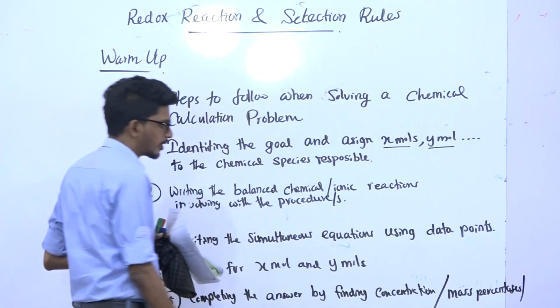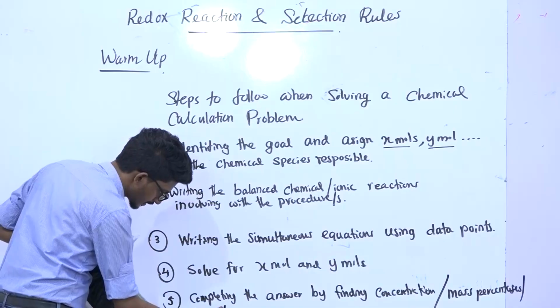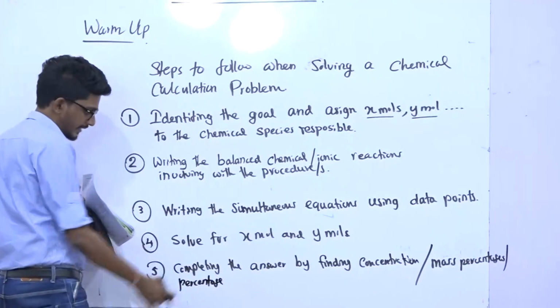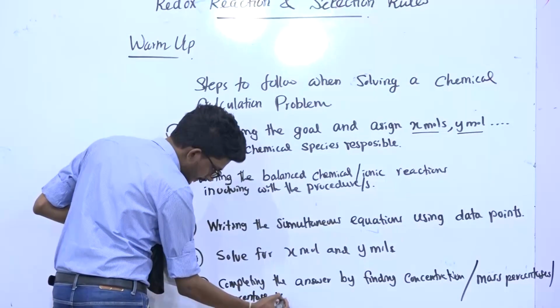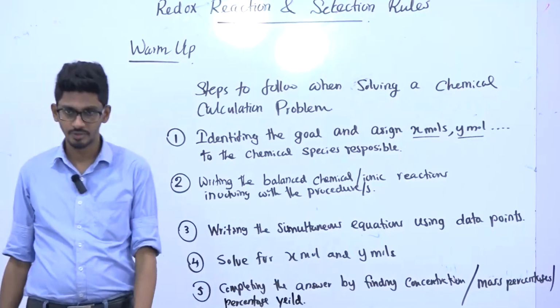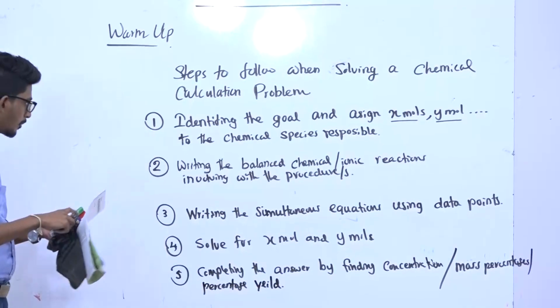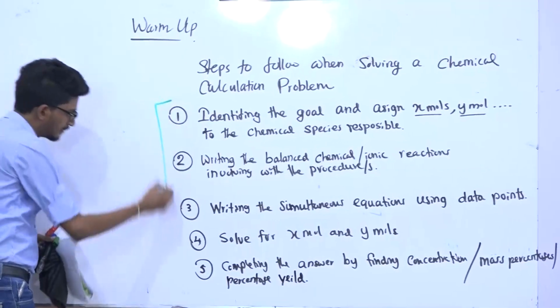Or sometimes it is about the percentage yield. In the 2024 paper, a new concept arose with the percentage yield, right? Those are the 5 steps to follow. So with this warm up, we are expected to come up with these 3 major points.